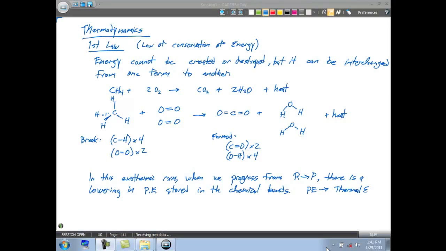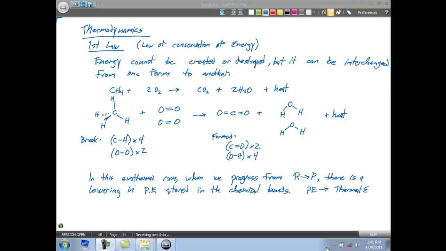And this is how I like to think about the first law of thermodynamics, or the law of conservation of energy. The law of conservation of energy, though, kind of is like a hand-waving way of saying, hey, energy can't be created or destroyed. It's going to be transferred in different forms.